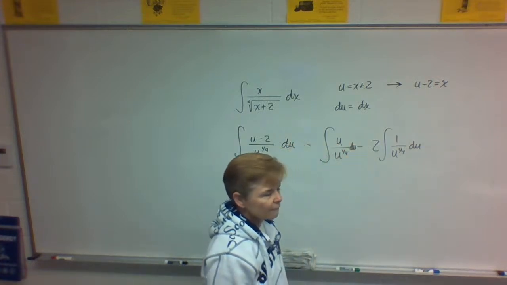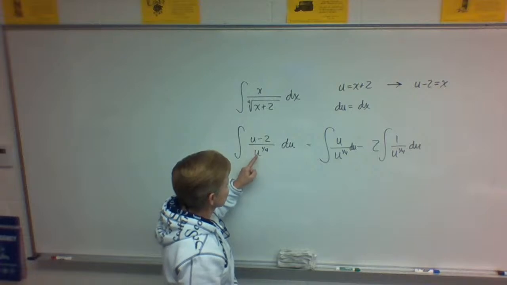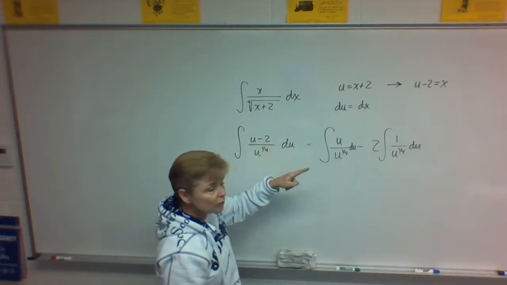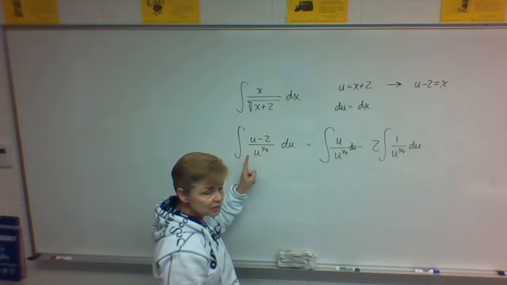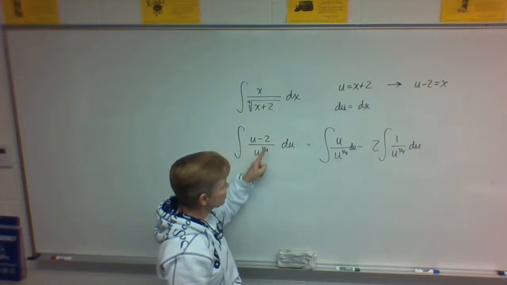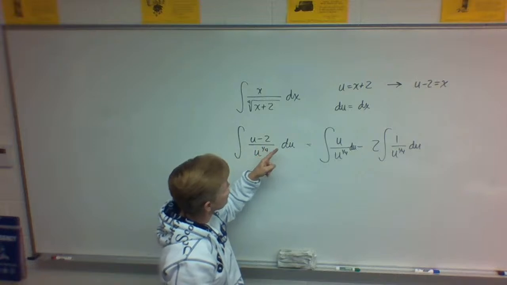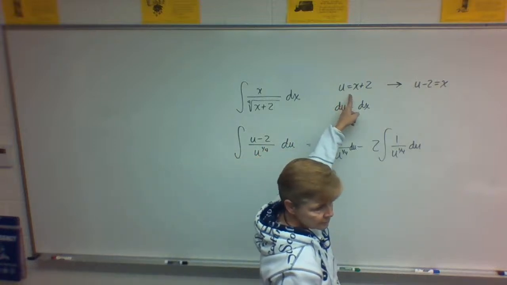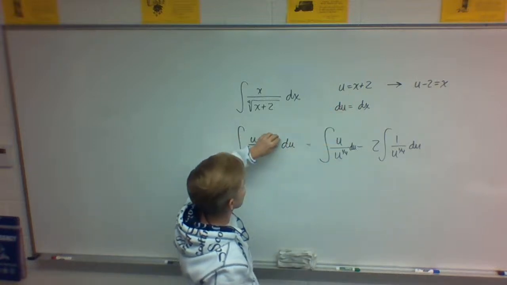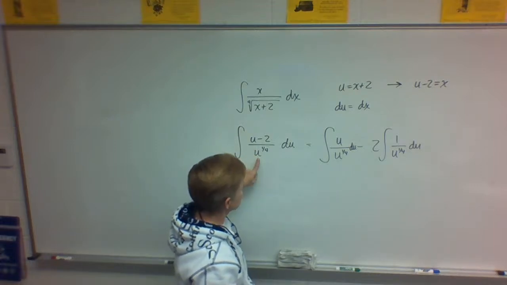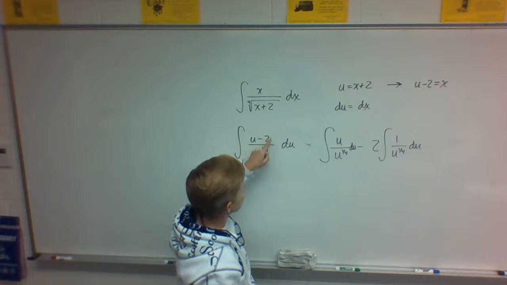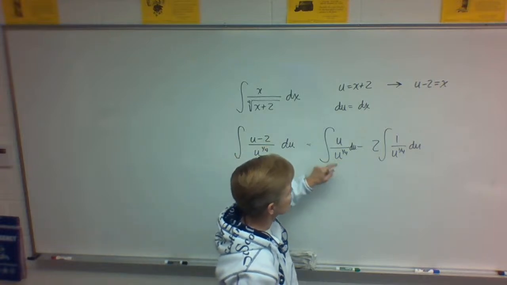This goes under each of these. That becomes a separate integral because we have 2 different terms. That's the reason why it was desirable to have the denominator be a single thing. And the reason why we ended up with 2 things up here is because of this little maneuver. But it's okay to have several terms in the numerator if you have only one in the denominator. If you can create that situation with u substitution, you should, because you can put this under that one and this one under that one, and then you can use your algebra to simplify each.